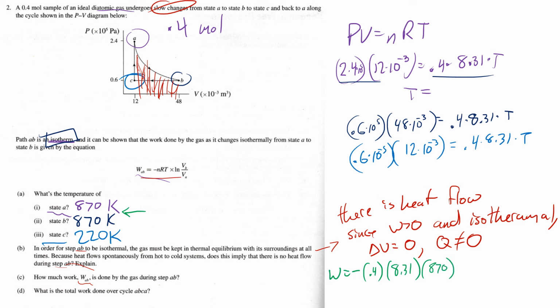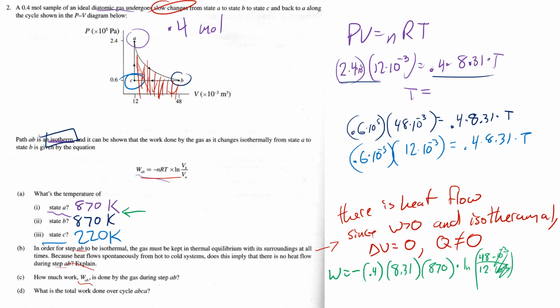870 times the natural log of volume B, which is 48 times 10 to the minus 3, divided by volume A, which is 12 times 10 to the minus 3. And the 10 to the minus 3's cancel out.